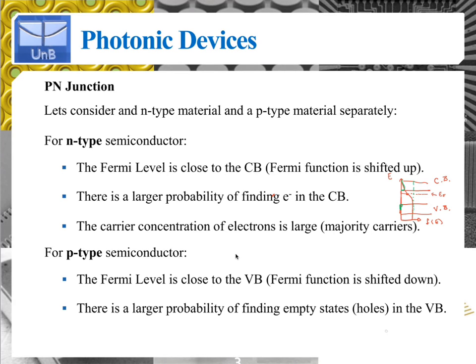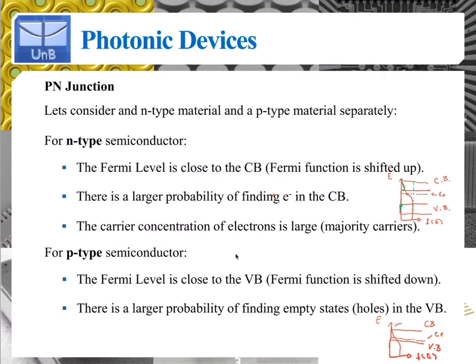So if we draw the band diagram with the conduction and valence bands here and here, the Fermi level is shifted down towards the valence band, so this would be EF, and the whole Fermi function would be as well. So if you plot f of E, it would be half right around here, and it would drop down.